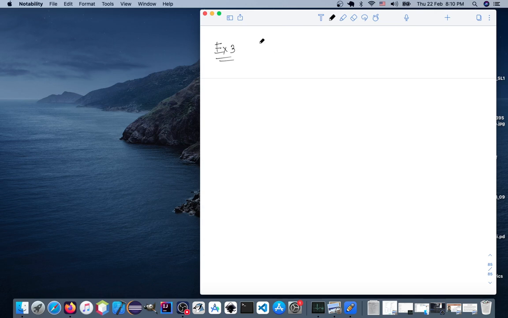The next problem says limit x tends to root 10, 7 minus 2x minus root 5 minus root 2 divided by x square minus 10. So clearly when we substitute x as root 10, the denominator is becoming 0 and the numerator is becoming 7 minus 2 root 10.